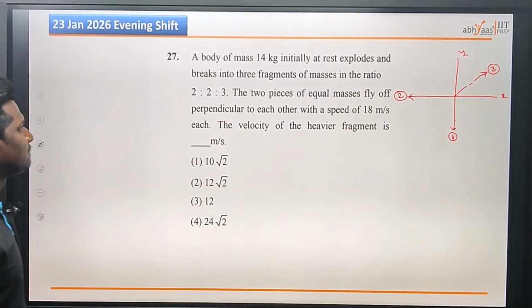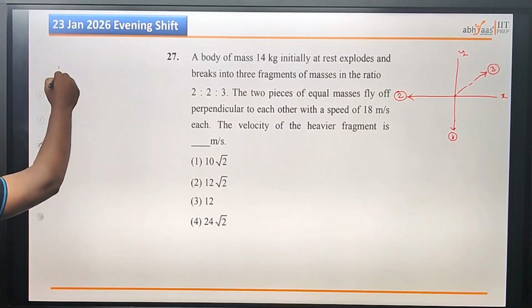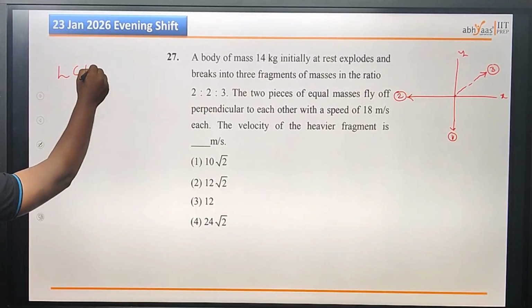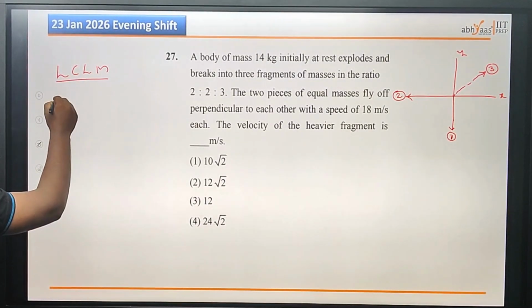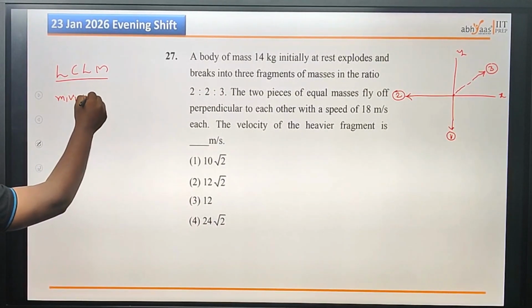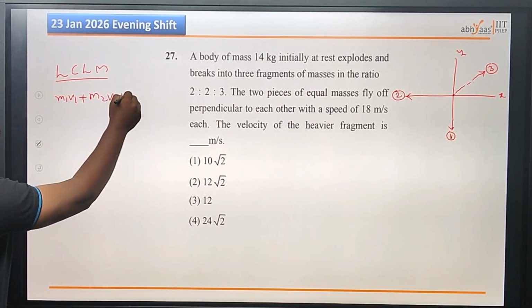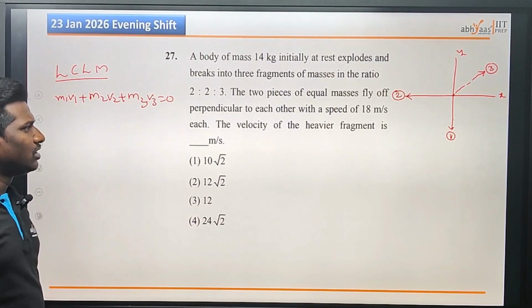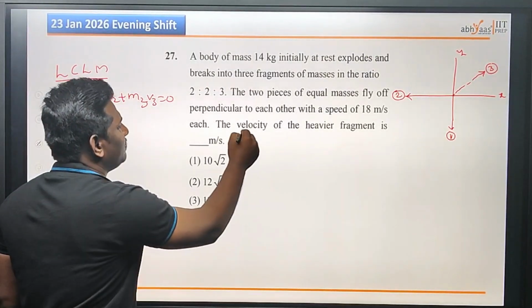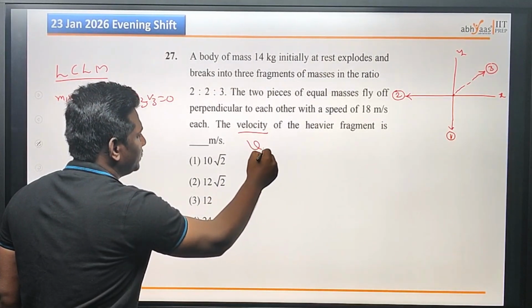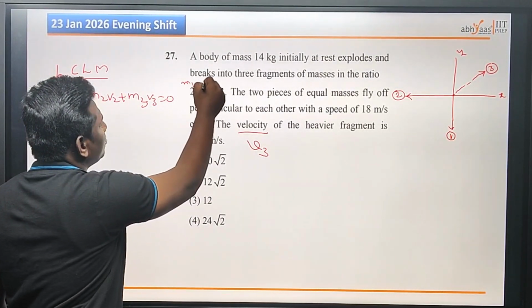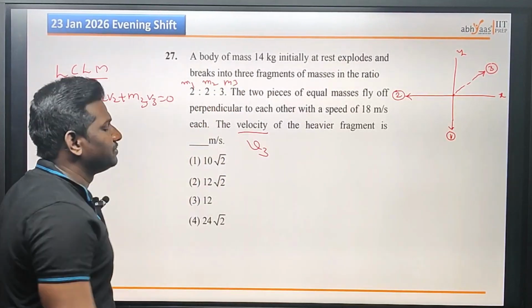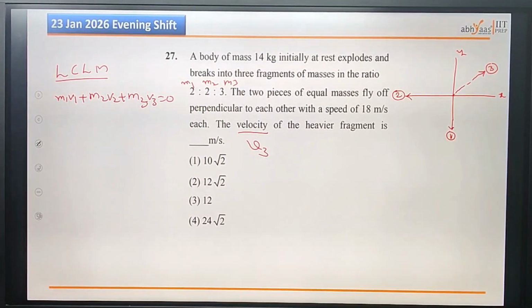So see here, from the law of conservation of linear momentum, m1 v1 plus m2 v2 plus m3 v3. What do you have to find? You have to find the velocity of the heavier fragment, that is V3. M1, M2, M3. Okay, see here.